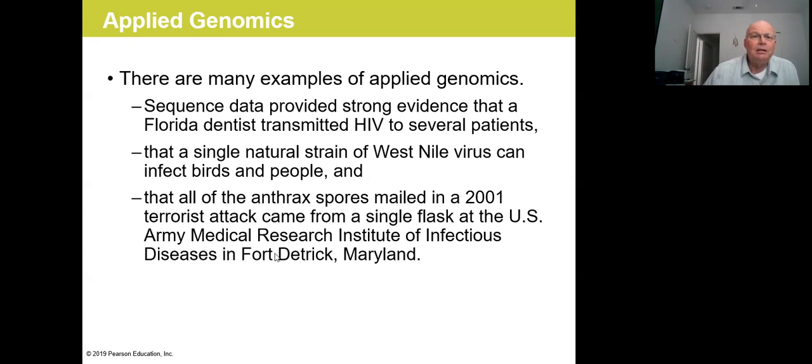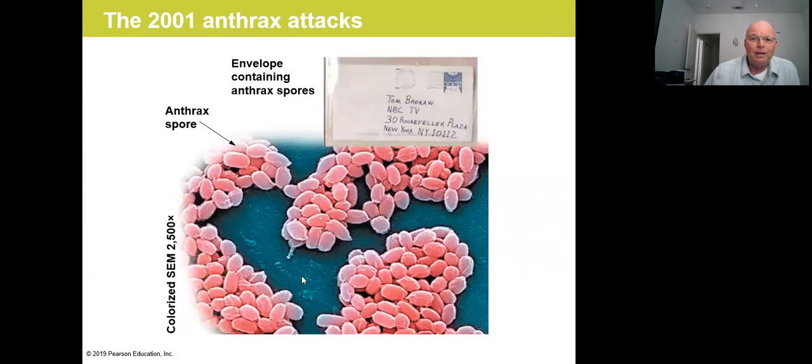And they even narrowed it down to one individual who had access to the anthrax that was identified as the source of the problem, but they could never demonstrate that it was in fact this individual, and he constantly denied it.